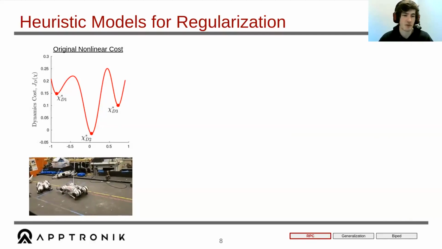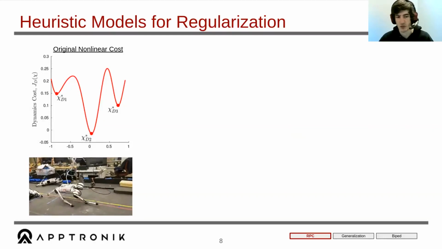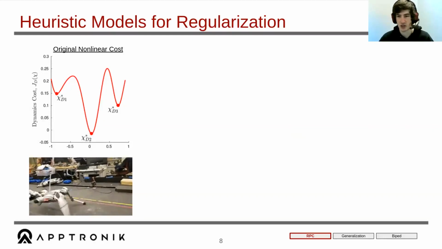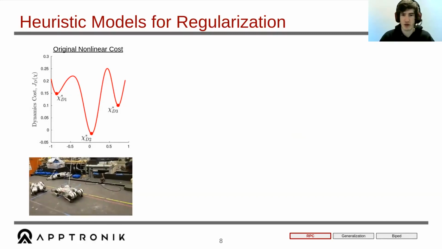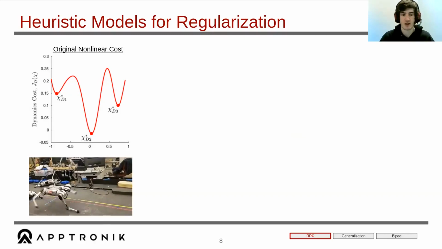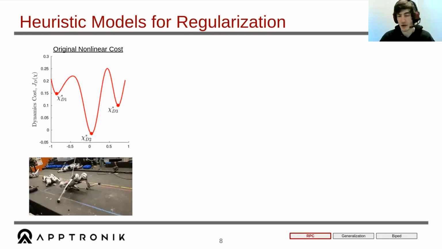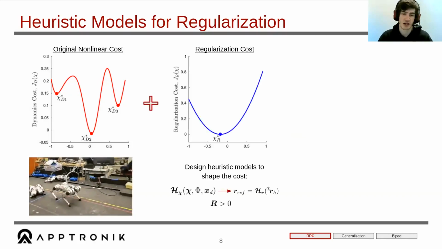Since it's a very nonlinear problem, we have all of these different local minima that the robot can be in. So you see the jumps between different steps. But we also know that the robot can place the feet under its hips, and that would be a good enough solution for being able to trot in place.